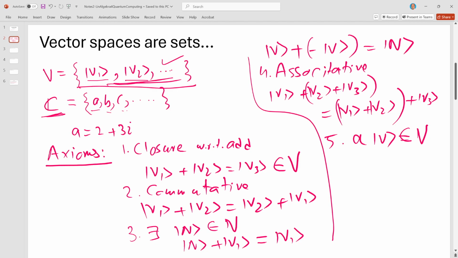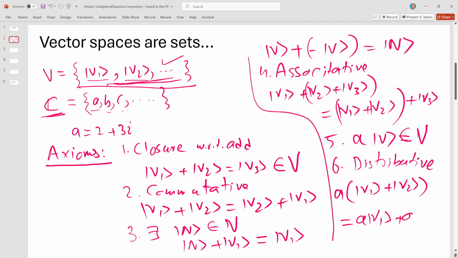And again, we have to make sure that scalar product is defined such that it's distributive. That is, if two elements are added and then multiplied with a scalar, it's the same as multiplying first and then adding them together.